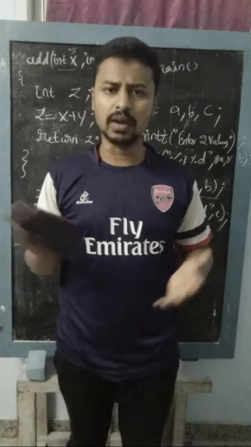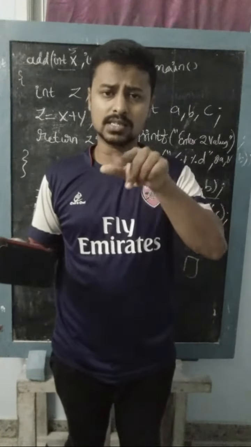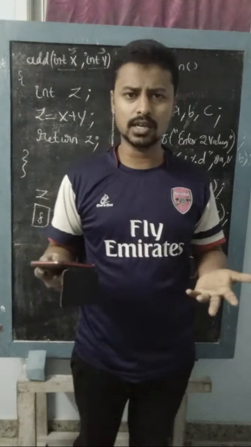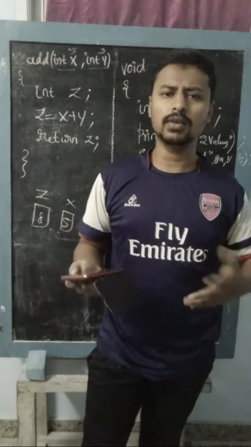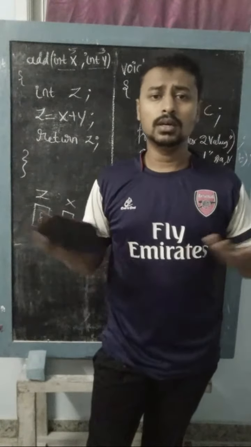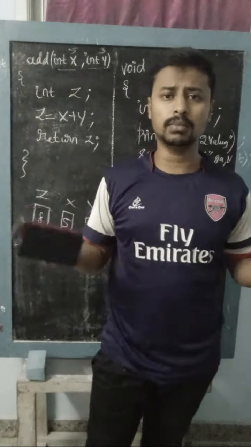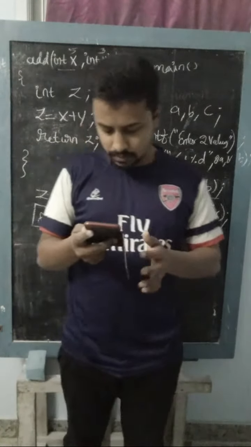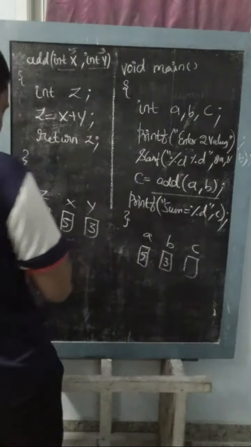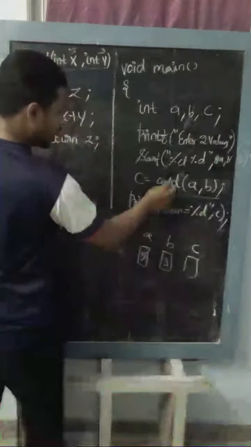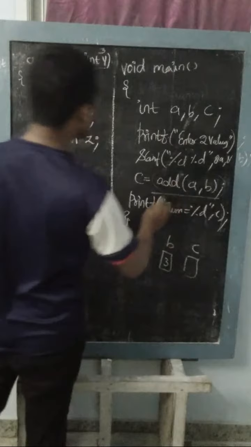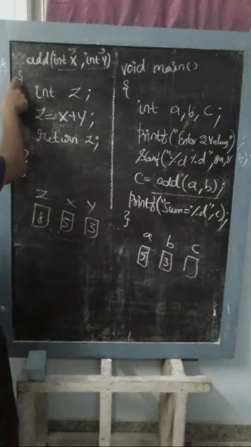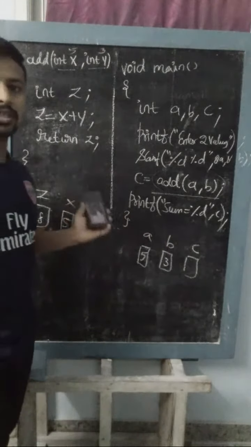We have lots of compilers: Dev C++, Turbo C++, so many versions. Based on the compiler, some may ask, some may not. Okay, add a comma b is the function call. Yes, that's right. Add a comma b is the function call, and add int x comma int y, from the open bracket to the close bracket, is the function definition.